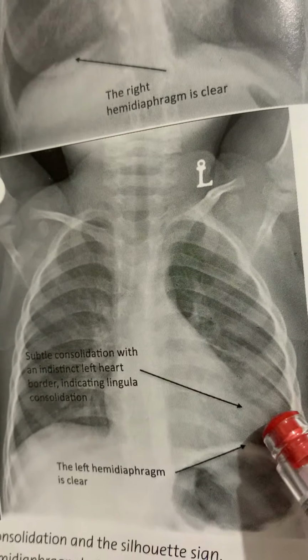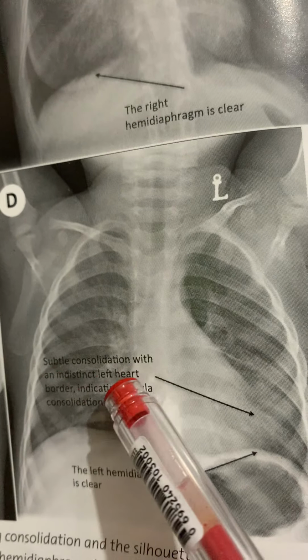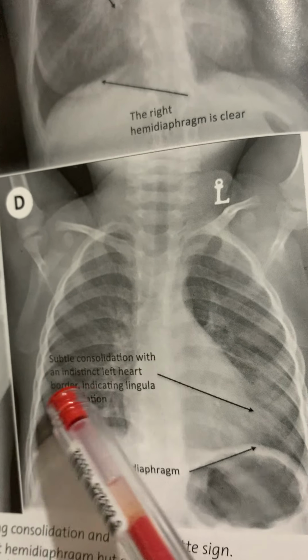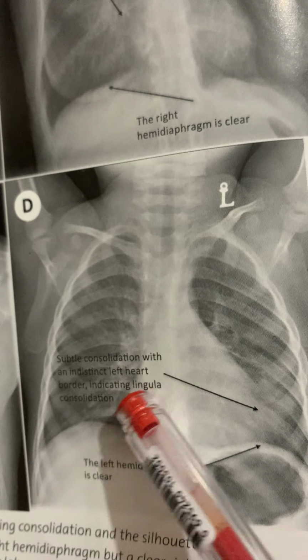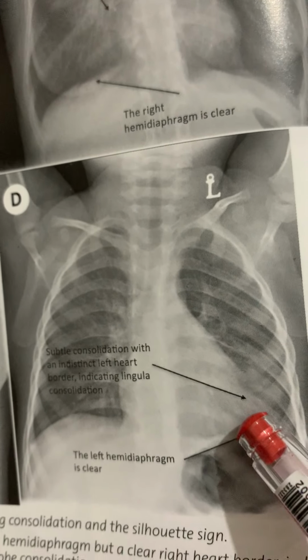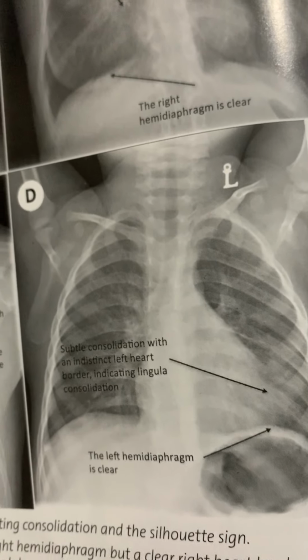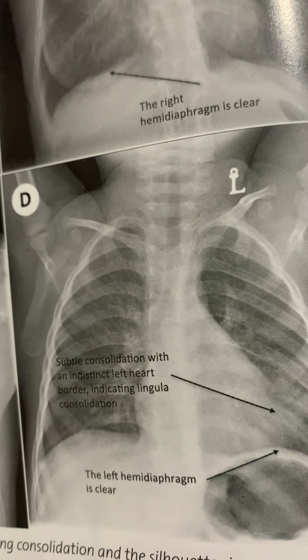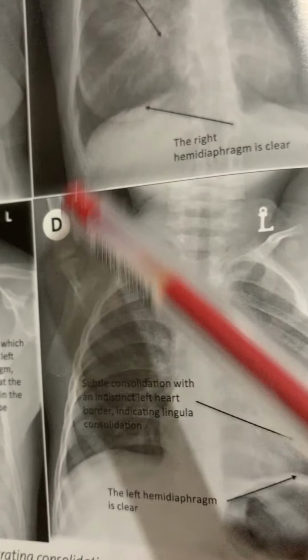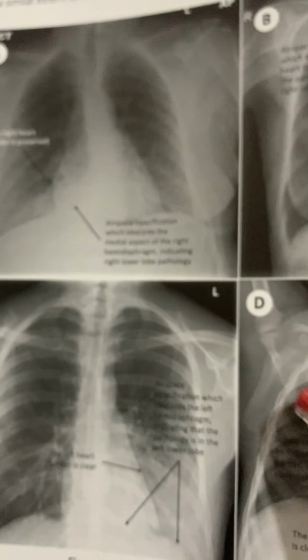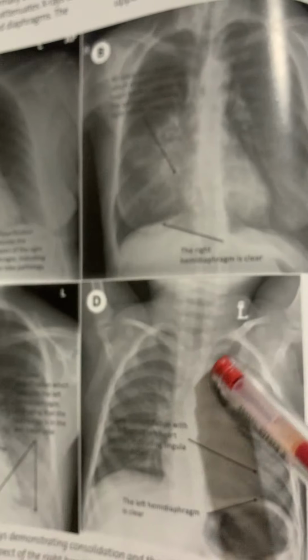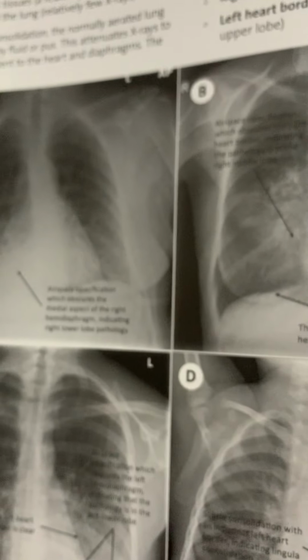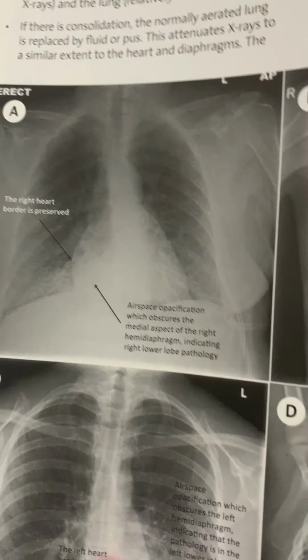And in this case, there is a septal consolidation with an indistinct left heart border, indicating lingular consolidation. So these are the consolidations at different parts of the lungs, indicating pneumonia on different sides of the lung.